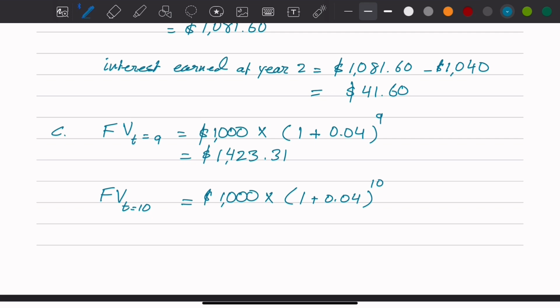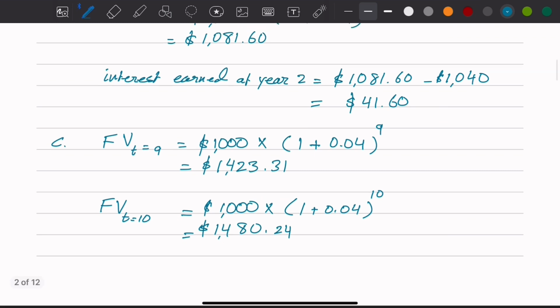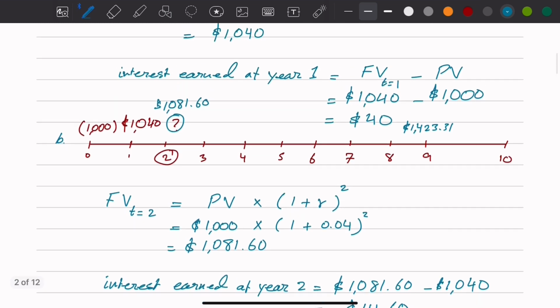So I'm just going to delete the 9 from my calculator and replace it with a 10, which gives me 1480 and 24 cents. Okay. Again, I'll rewrite it up here. 1480.24.